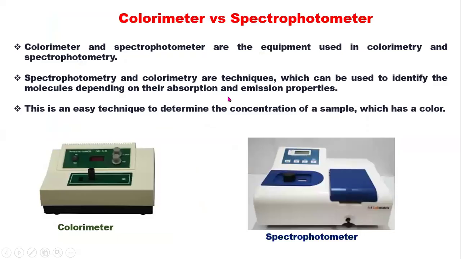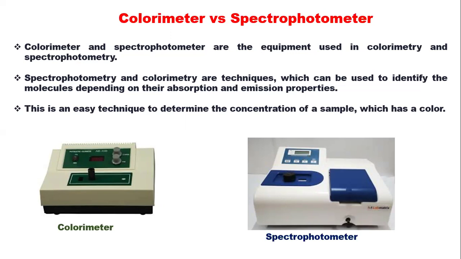So let's look at these two pieces of equipment that are used in spectrophotometry. We have the colorimeter and the spectrophotometer. So what is a colorimeter? The colorimeter and spectrophotometer are the equipment used in colorimetry and spectrophotometry respectively. Some students usually mistake colorimetry for calorimetry.